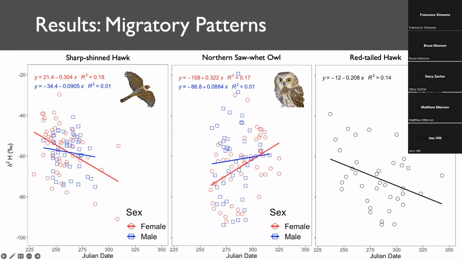Females showed a significant positive relationship with banding date, suggestive of northern breeding individuals being banded earlier in the season than southern breeding individuals. Just like sharp-shinned hawks, males showed a similar trend, but it was not significant, which is an interesting result.